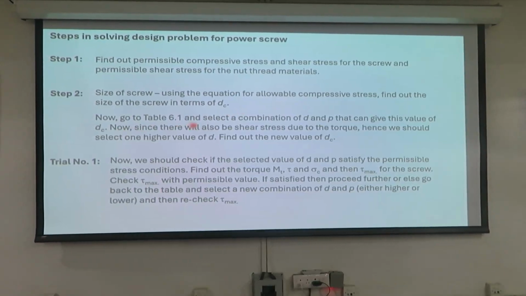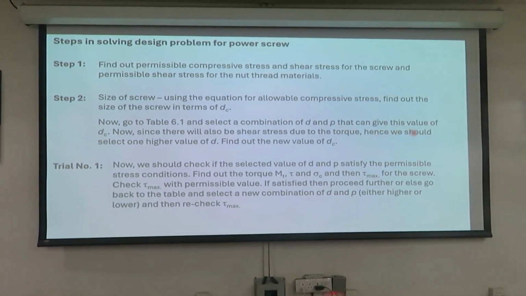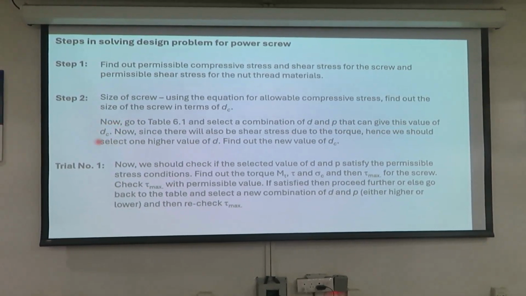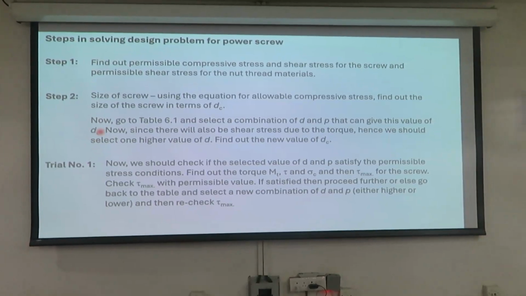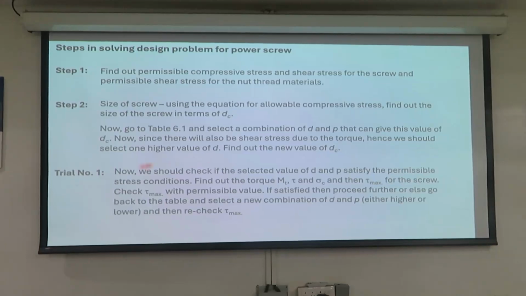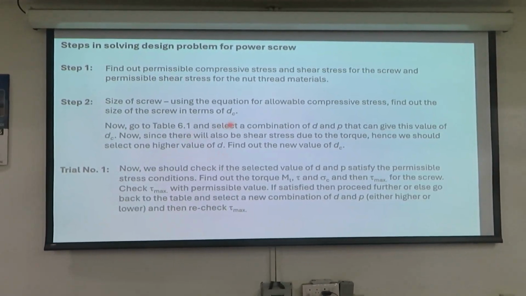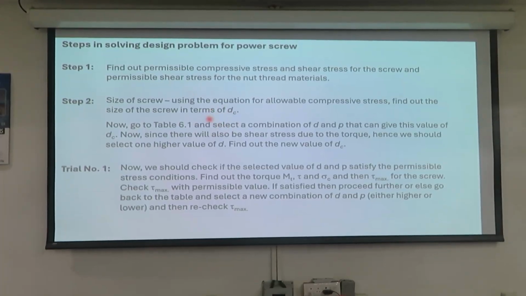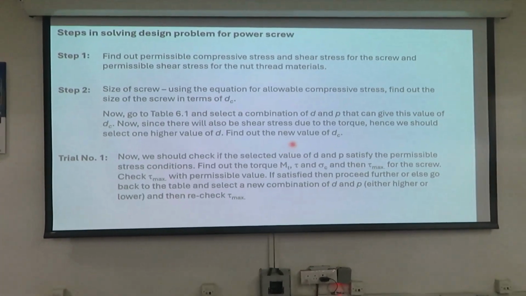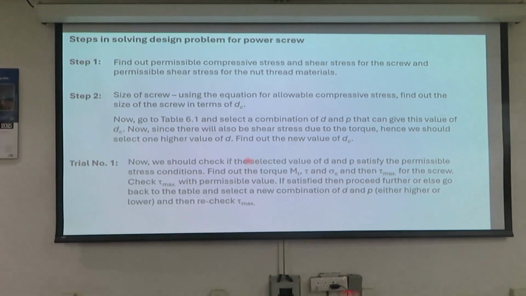Now go to table 6.1 and select a combination of D and P that gives that value of DC. Since there will be shear stress due to the torque, we should select one higher value of D. Whatever value of D you select for compressive stress, you go one level higher, because there will be shear stress as well.